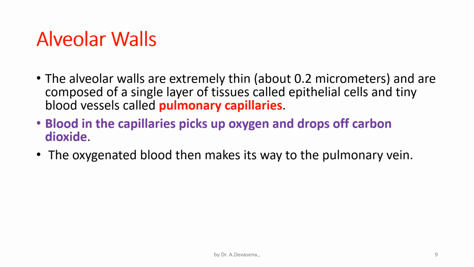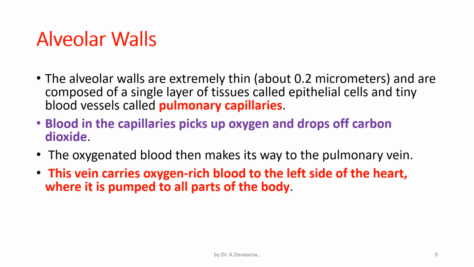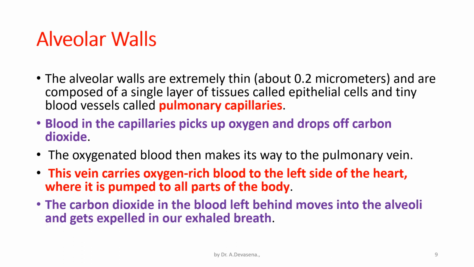The oxygenated blood then makes its way to the pulmonary vein. This vein carries oxygen-rich blood to the left side of the heart, where it is pumped to all parts of the body. The carbon dioxide in the blood left behind moves into the alveoli and gets expelled in our exhaled breath.